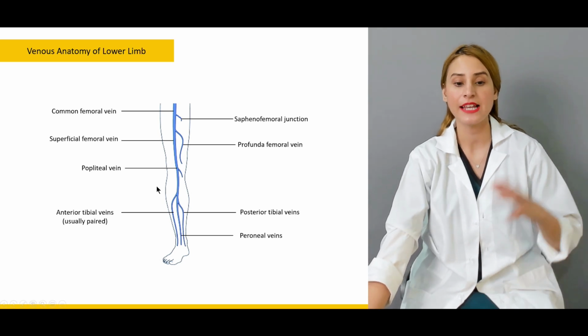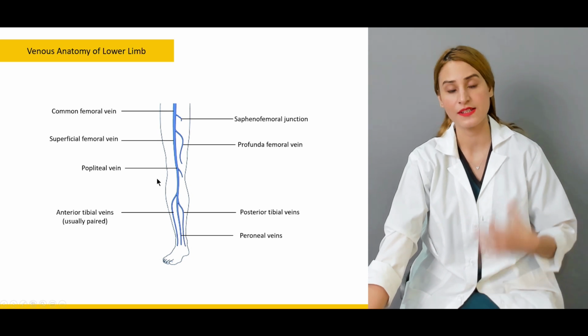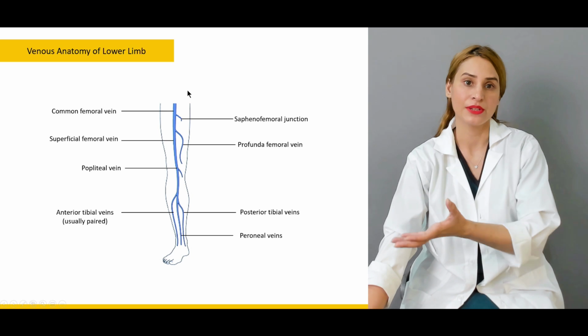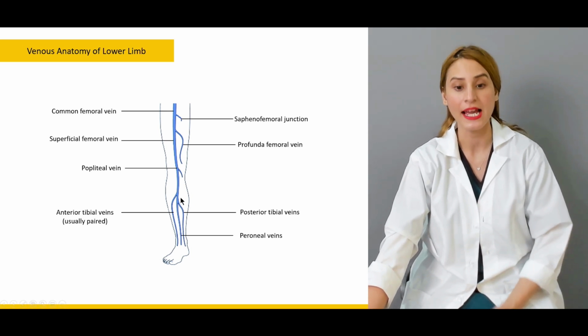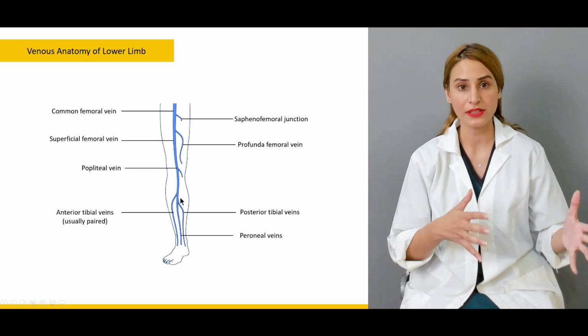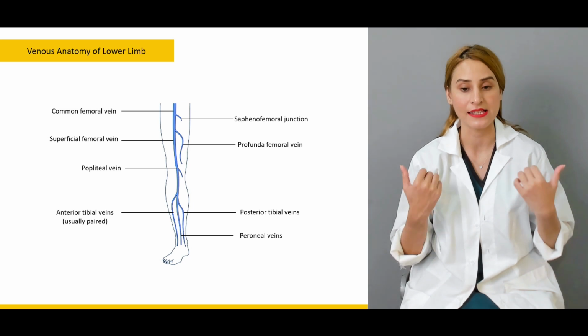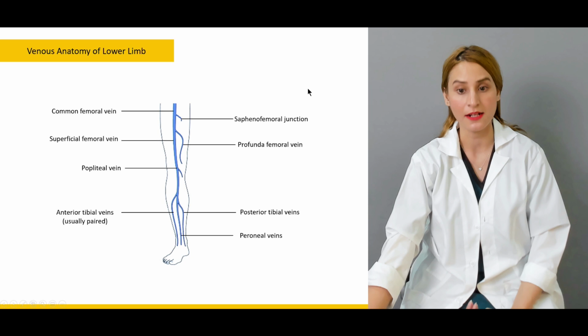And you can see here that the small saphenous vein, which is a superficial vein, joins the popliteal vein, and the greater saphenous vein or the long saphenous vein joins the femoral vein. The junction of the popliteal vein and the short saphenous vein is called the saphenopopliteal junction, right here in the popliteal fossa.